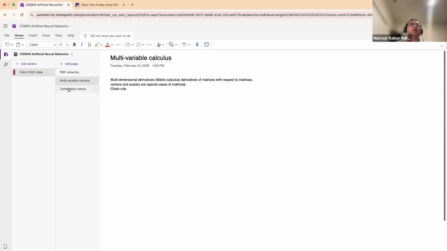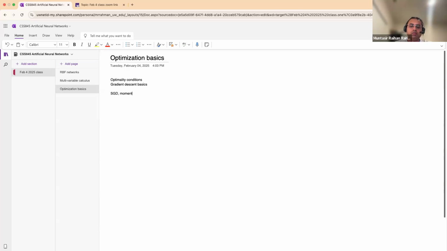We also want to talk about optimization. We're going to start with the basics of optimization, and next week we're going to hopefully continue with specific optimization algorithms that are used in machine learning, starting with gradient descent and stochastic gradient descent. So we're going to do SGD, which is stochastic gradient descent.